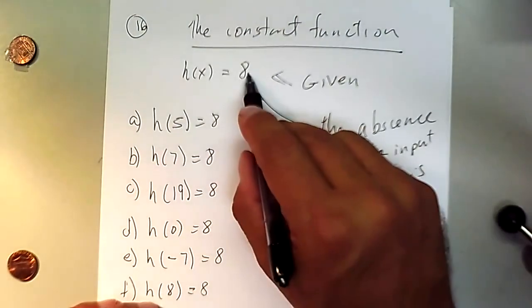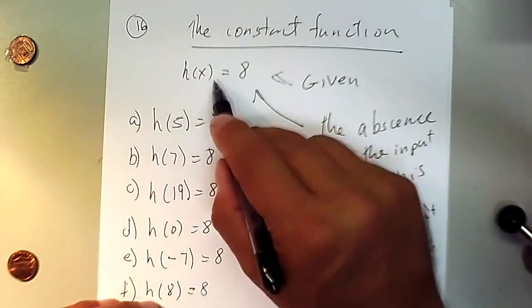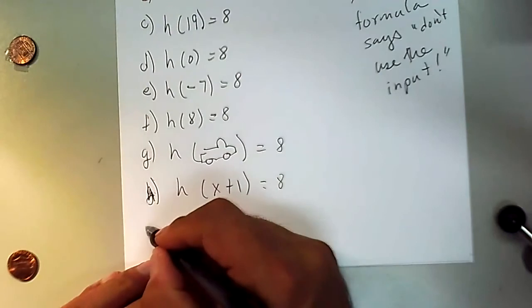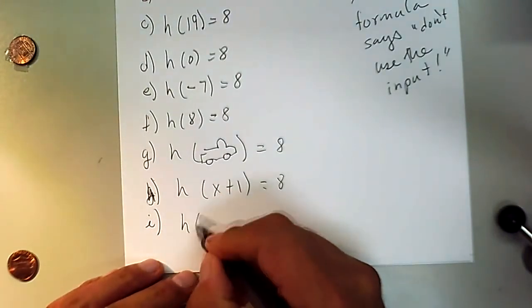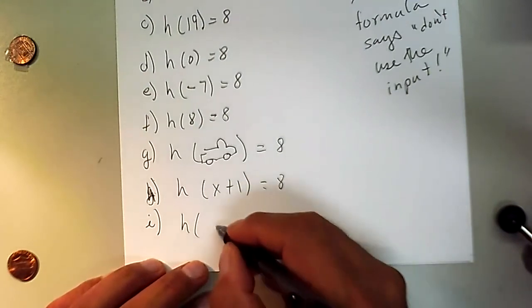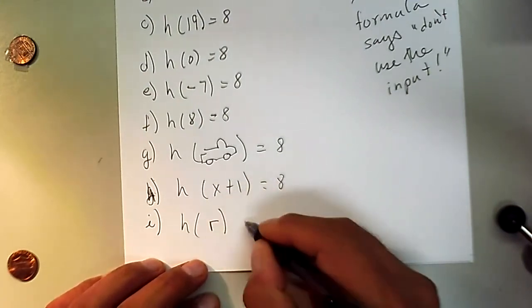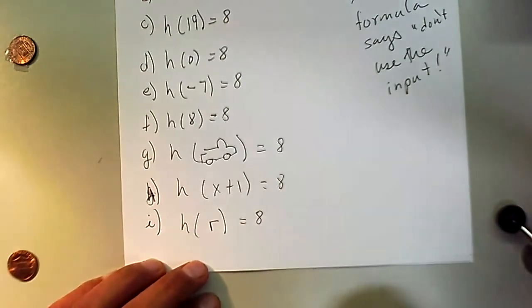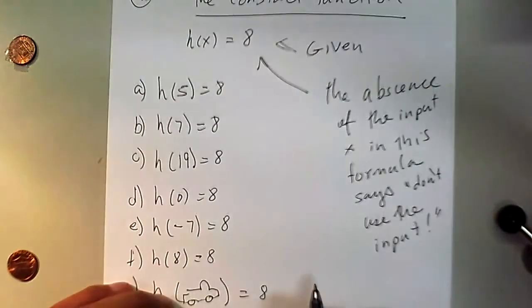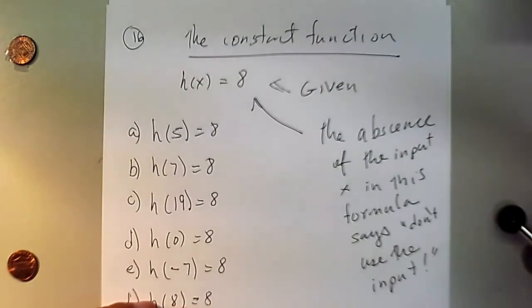If there's no x, that means we are not using the input whatsoever. h of just about anything you want to put, the letter r, 8. Doesn't matter what you put in there, the output will be 8.